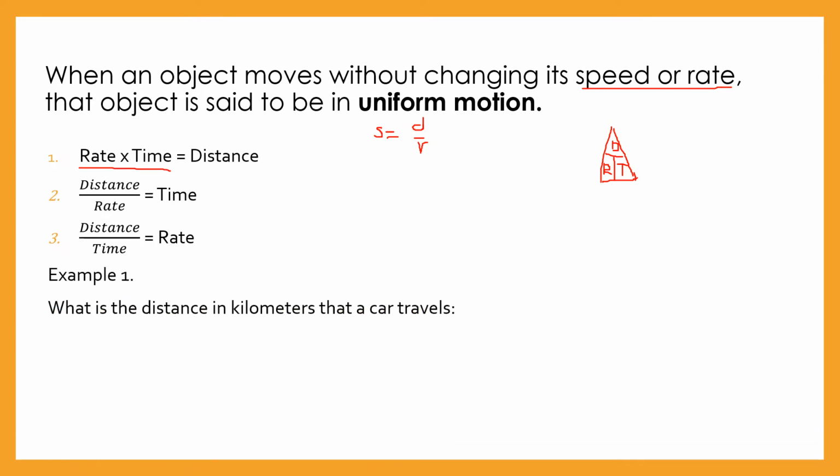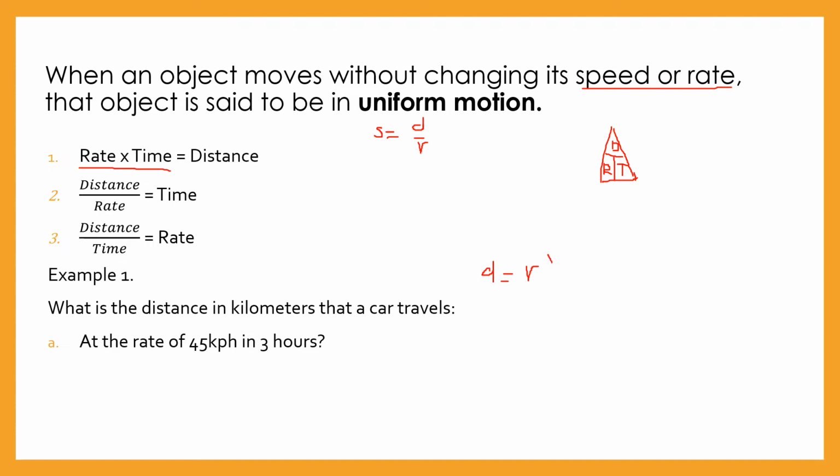For example, review pa lang ito, what is the distance in kilometers that a car travels at the rate of 45 kilometers per hour in 3 hours? So pag kinuha natin yung distance niyan, distance is equal to rate times time.